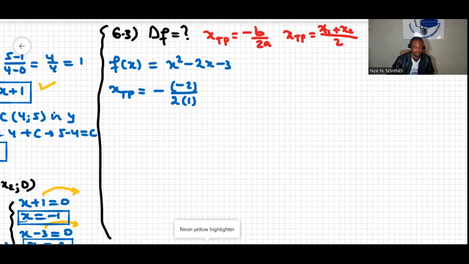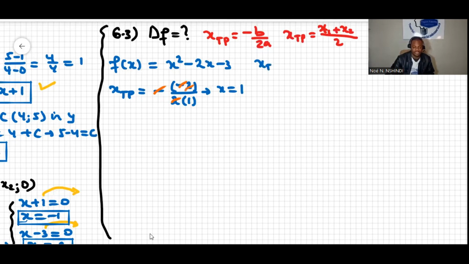You can notice that the two negative signs here will cancel out, and 2 and 2 will simplify. So negative and negative makes positive, and 2 and 2 simplify, and then x is equal to 1.